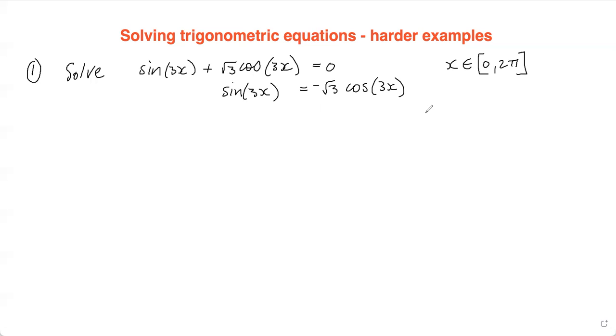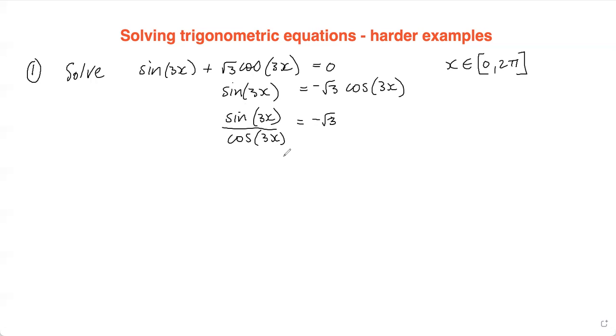Now, notice if I bring the cos over here by dividing it, because remember, it's being multiplied by the root 3. So I'm going to have sine 3x over cos 3x is equal to negative root 3.